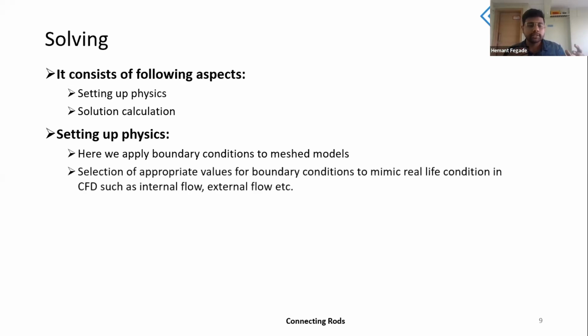Now to define this, take today's application, the heat sink. You are going to constrain your heat sink, air is going to flow over that heat sink, and it's constrained in a box, in a domain, right?